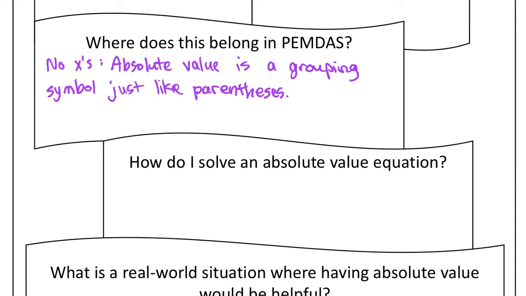Okay, so how do I solve an absolute value equation? We are going to look in detail about what it means on the next video, but just kind of here are the steps to look back at. I solve an absolute value equation by, first off, solving for the absolute value.